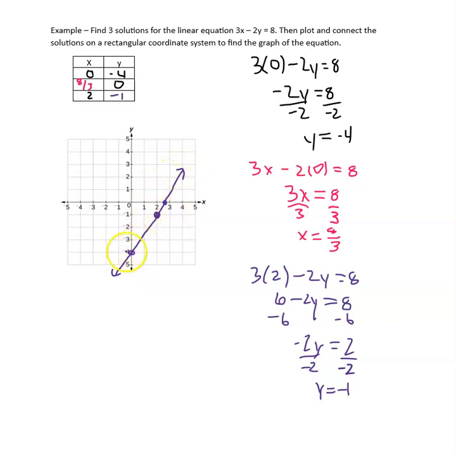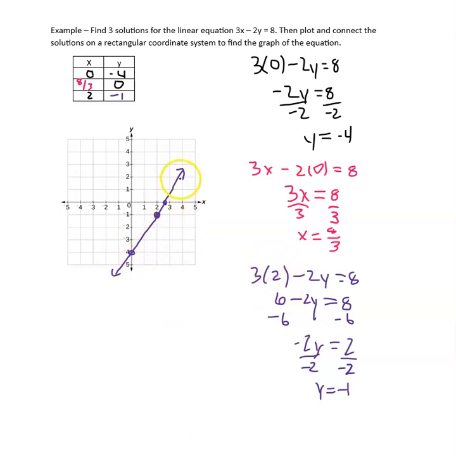However, that third point is going to tell us whether or not all of our points are in line. If we make a silly mistake, like with a sign or something like that, our points are not going to be in a straight line, and that's going to tell us that we need to go back and find where we messed up.